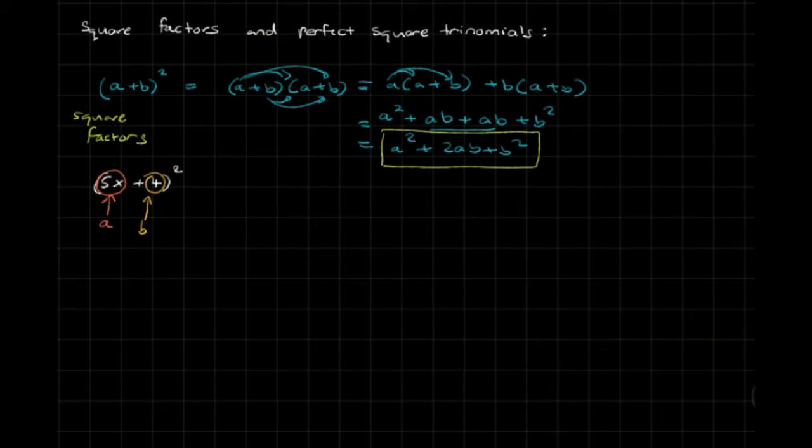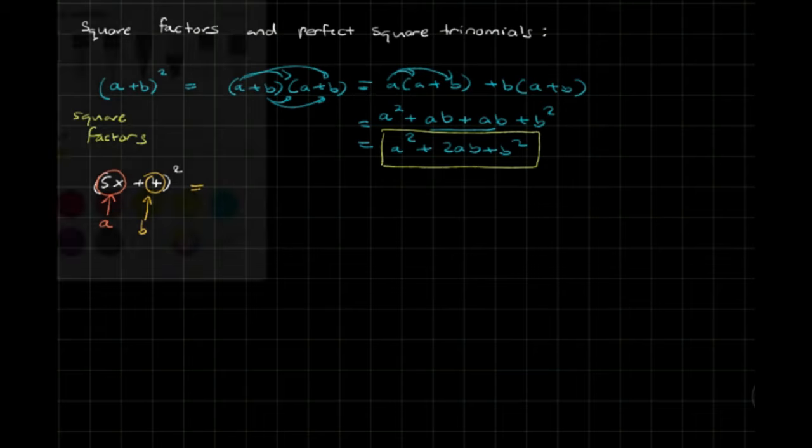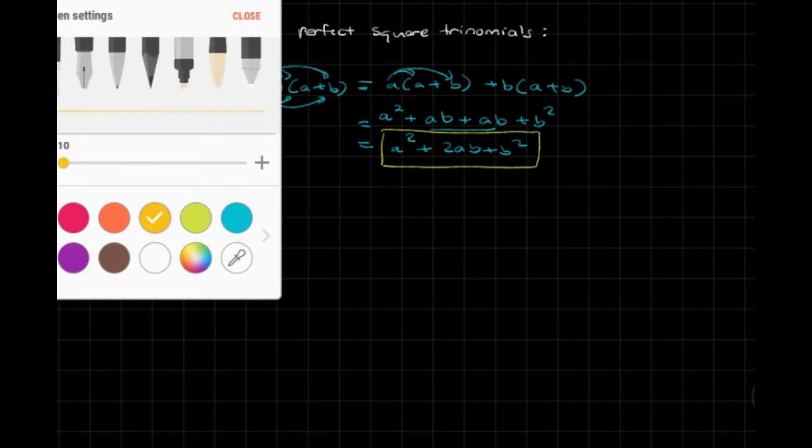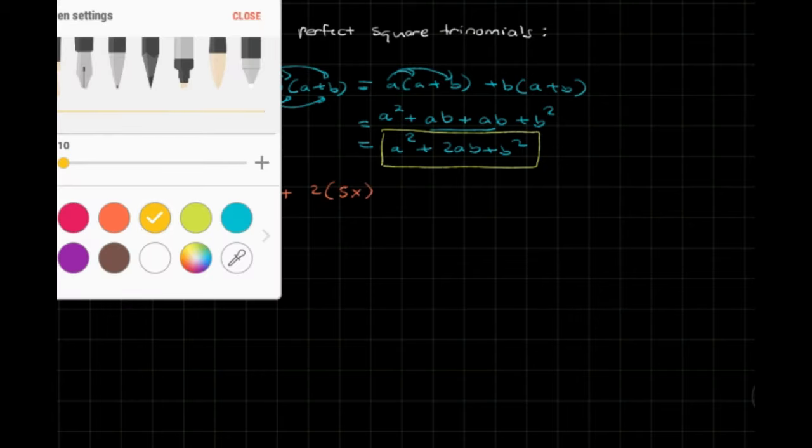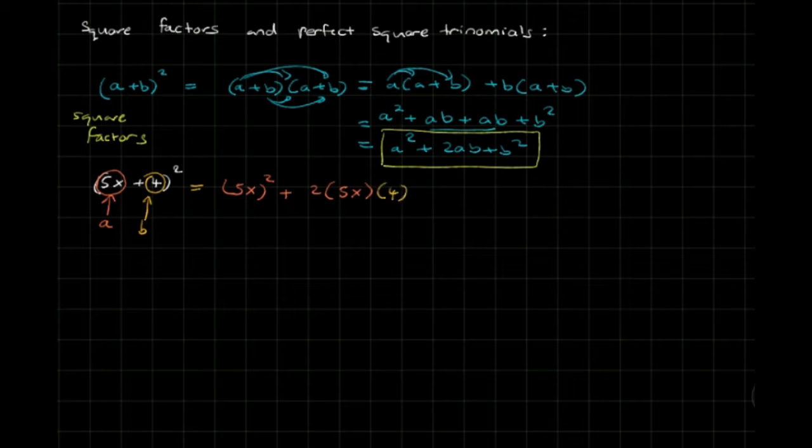So if we use this expansion, we'll get the first term a squared, so a, which is 5x, squared, plus 2ab, so plus 2 times a, which is 5x, times b, which is 4, plus b squared, which is 4 squared.